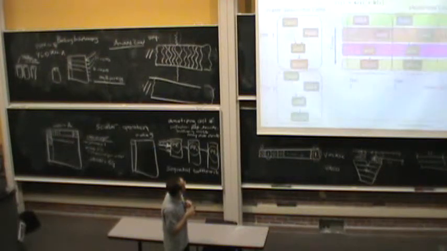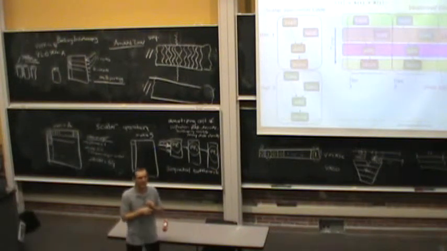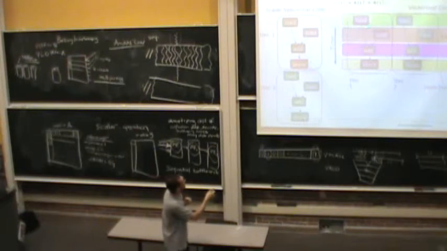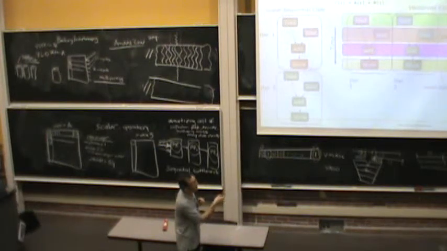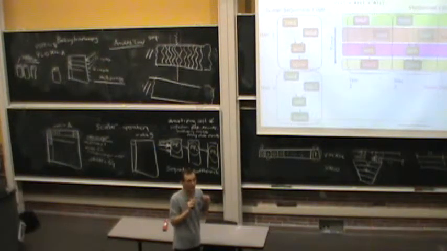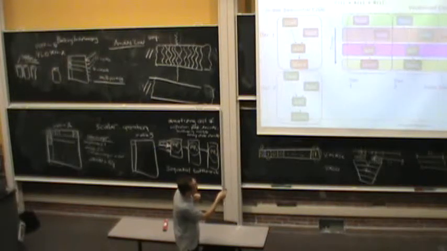Okay, does that make sense? As long as the threads are like this, executing the same instructions on different data elements, this works. And as long as they're the same code.